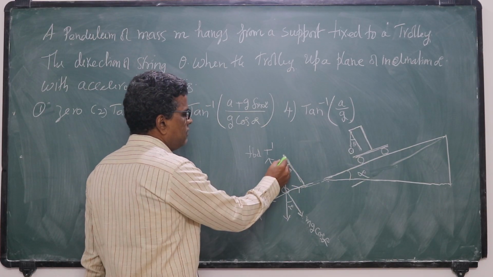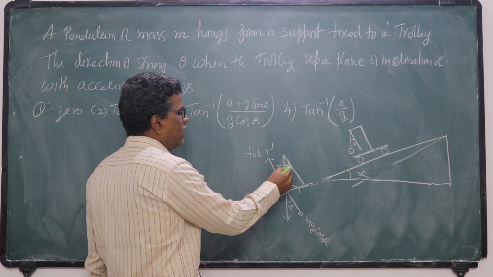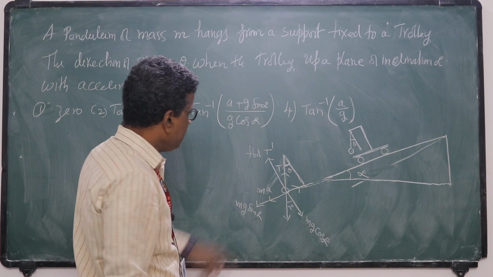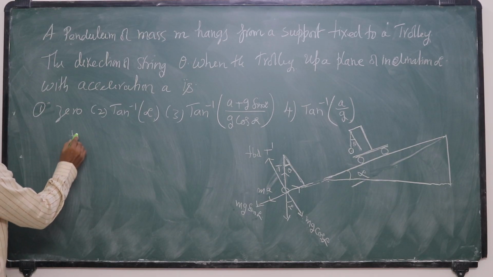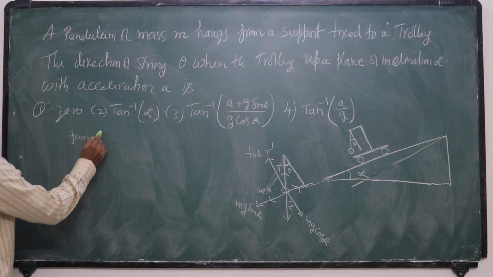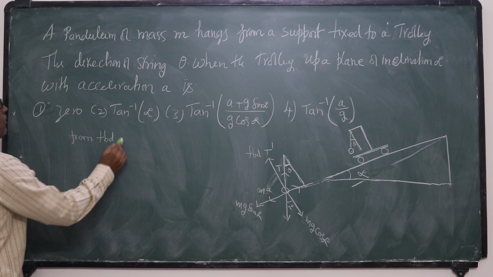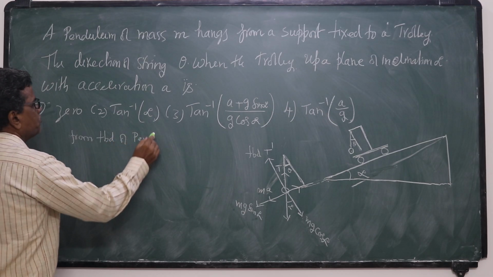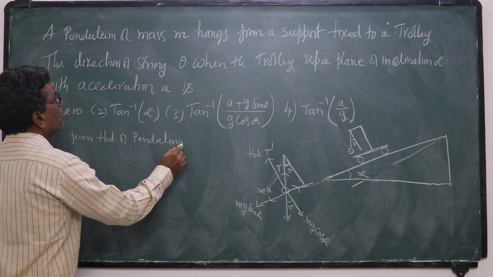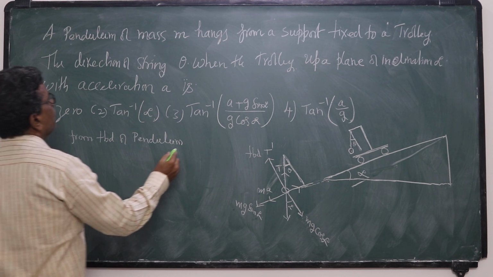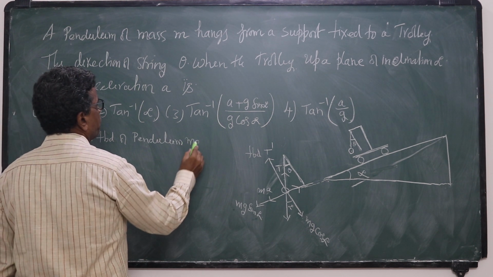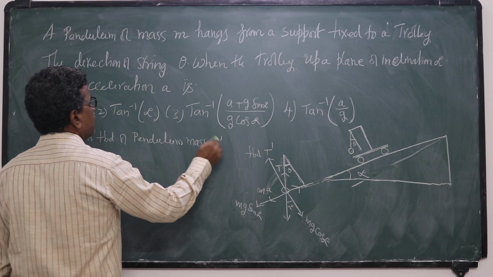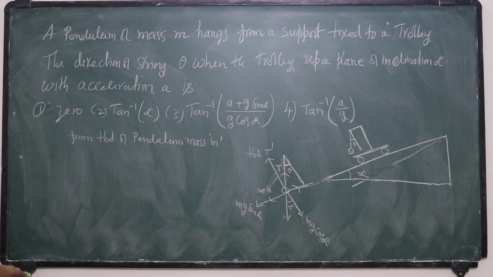So I want here this theta. See, in this triangle I want theta. So I am applying tan theta is equal to, from the FBD of the pendulum of mass m.